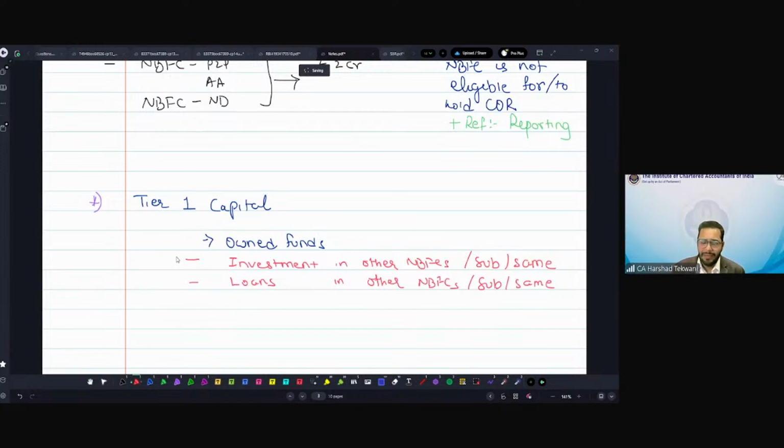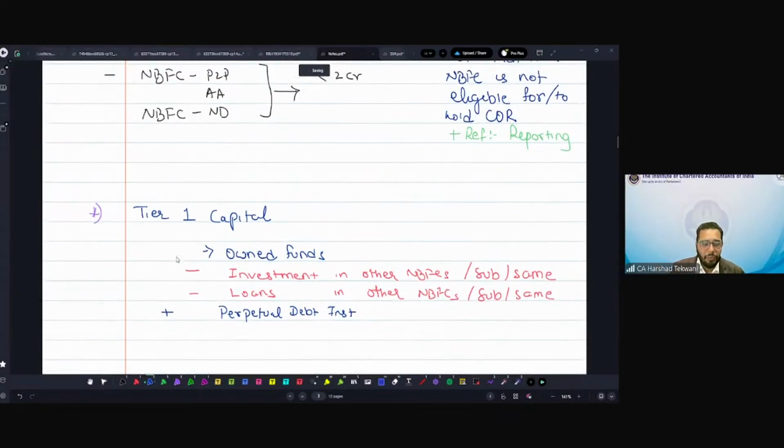Now, these are specific instruments. I will add it up, but as of now, understand perpetual debt instruments issued by NBFC. But again, it is only applicable to NBFC non-deposit taking, because these non-deposit taking companies cannot take deposits. So they can take funds through perpetual debt instruments. Okay, this is only applicable to NBFC ND.